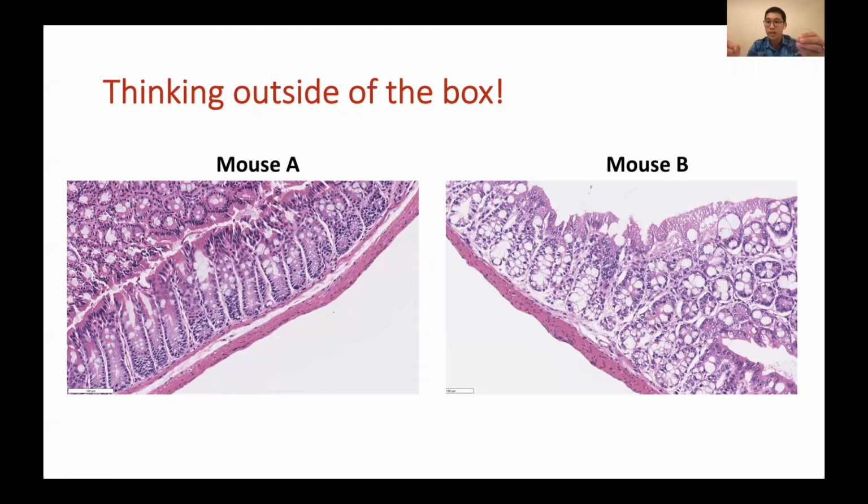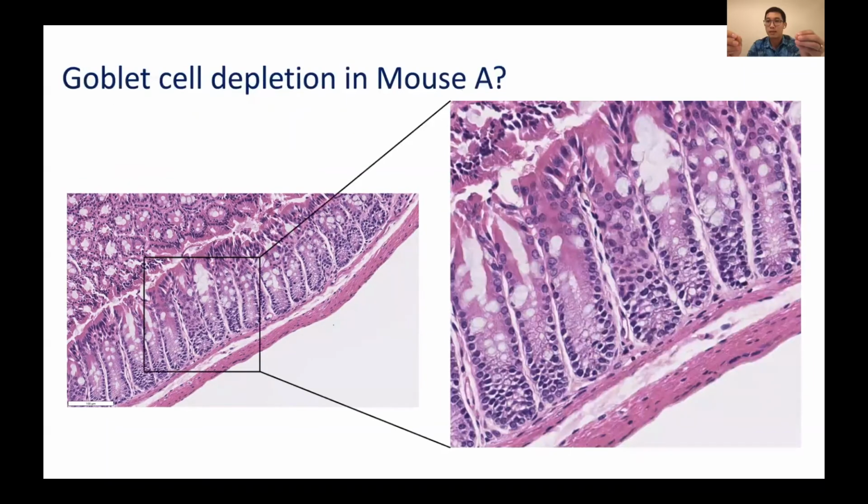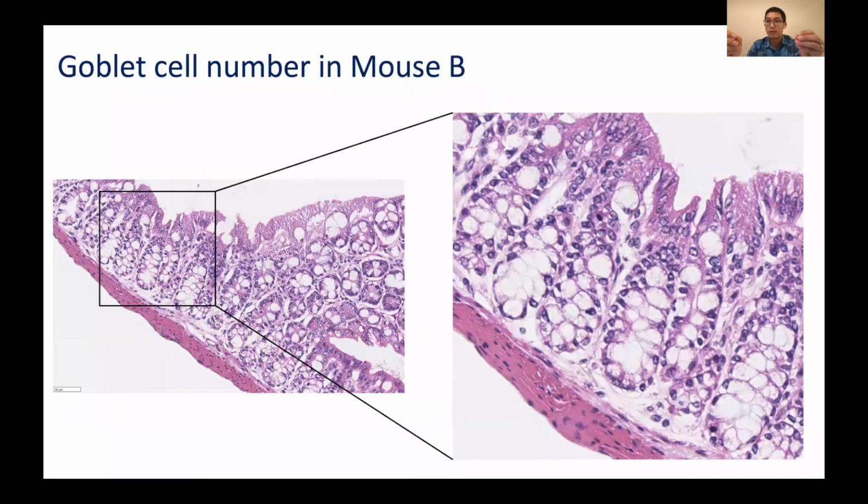But when you have time, and like I told you, everything takes time, you look closely at this result and you see, okay, this is something different. The mice infected, mouse A, have fewer goblet cells, but mouse B has normal or high numbers of goblet cells, and this brings something new.